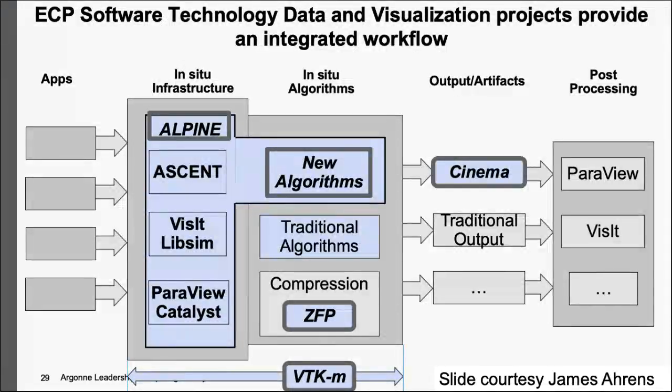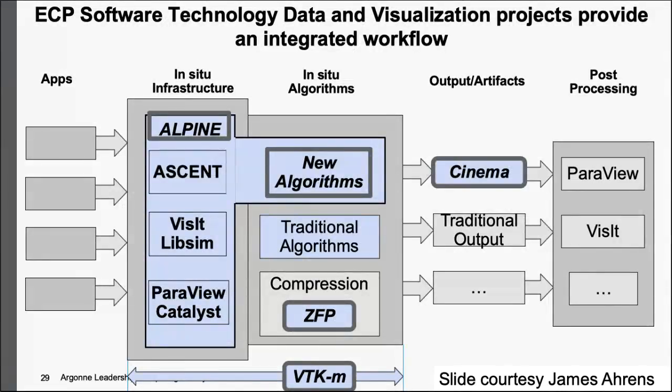And then finally, at the top right, there's the post-processing or traditional way of doing this. It's also important to keep post-processing there. Post-processing and doing visualization analysis after the simulation finishes is here to stay.